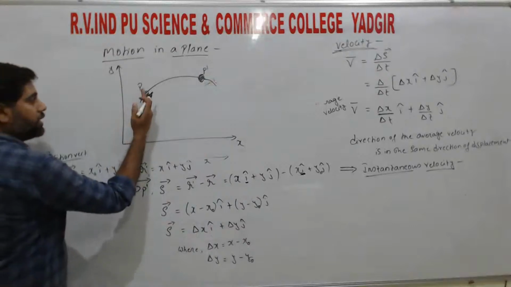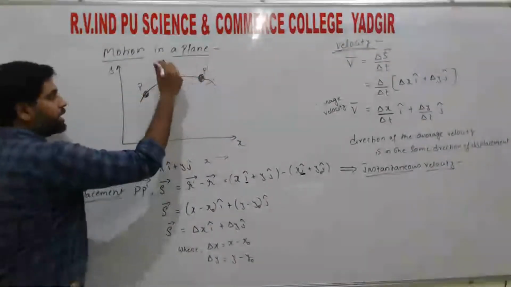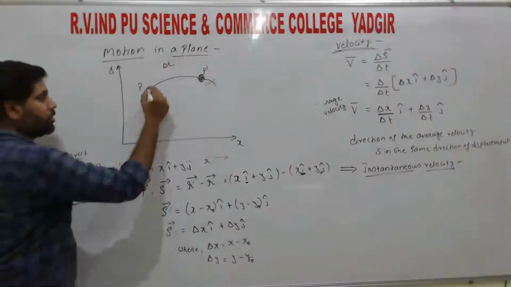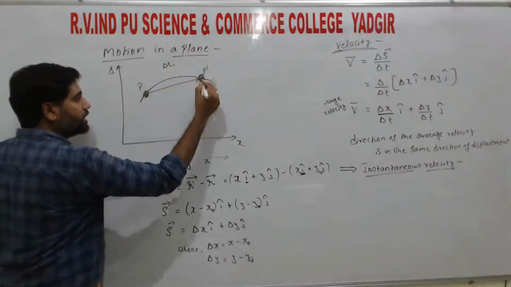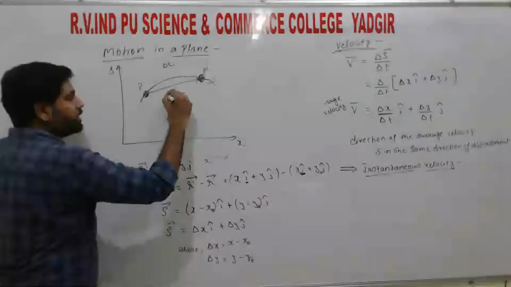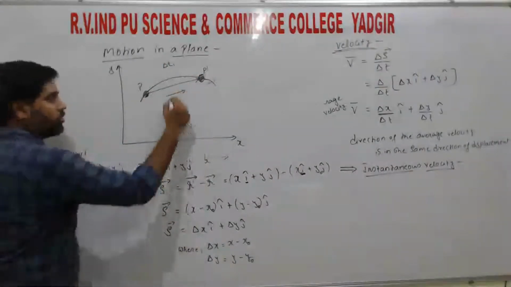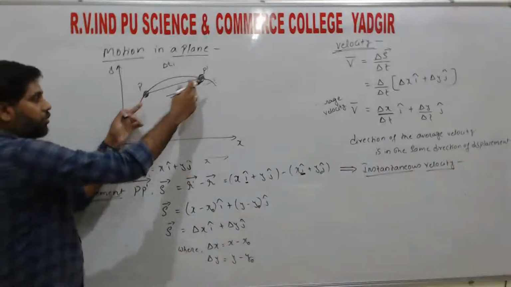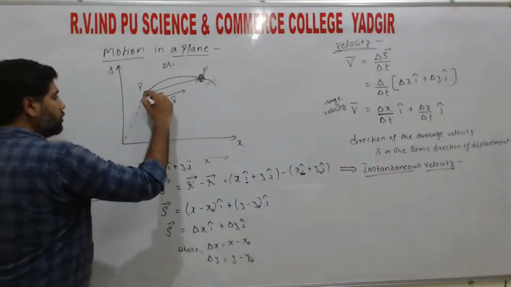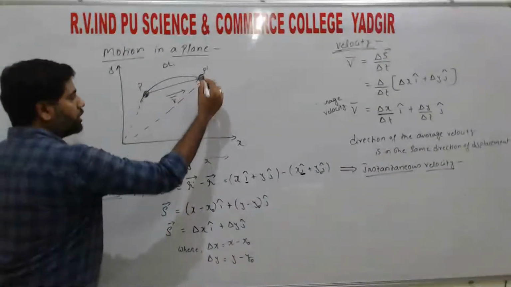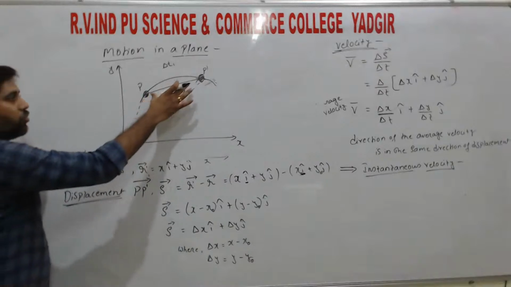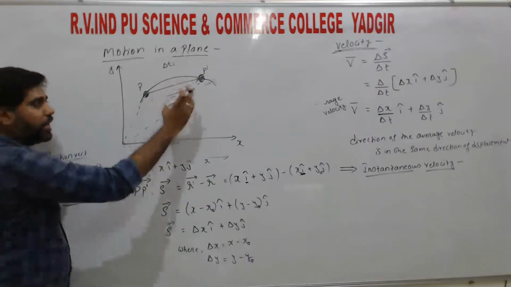Covering the distance from p to p dash takes some time delta t1, right? So the displacement is in this direction and the average velocity is in the same direction. So this gives the average velocity. We can also draw this by drawing the position vector, but here I am discussing only the velocity, so I am using only the displacement vector, right?